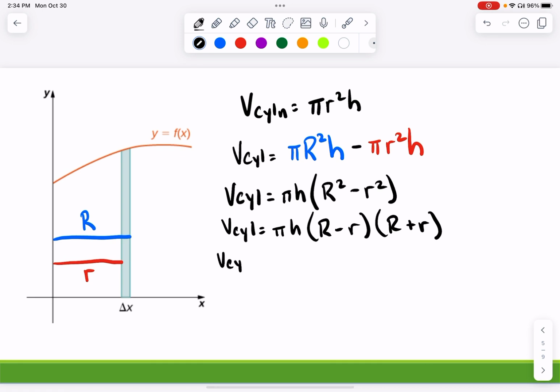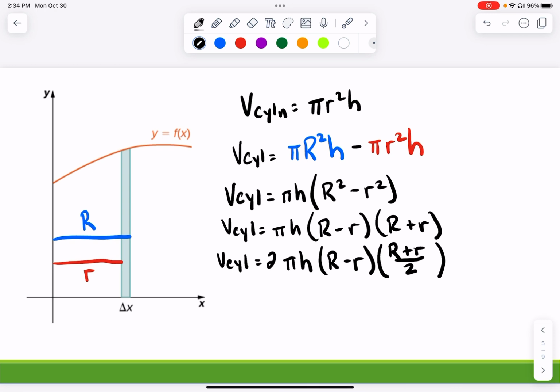So I have pi h, and I have big R minus r. I'm going to divide the second factor by 2, so that's the average of those two radii. I can't just divide by 2, so I'm going to multiply by 2 on the outside.